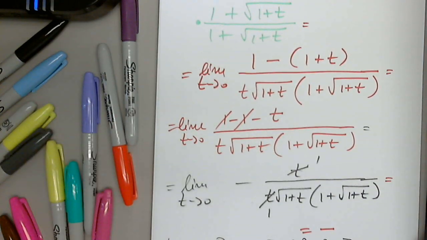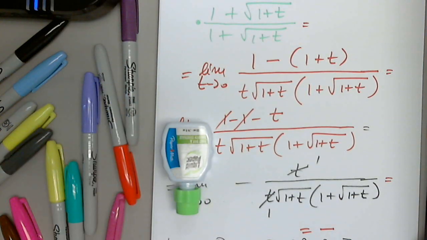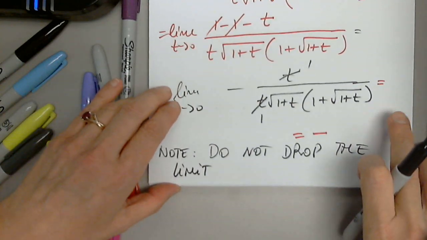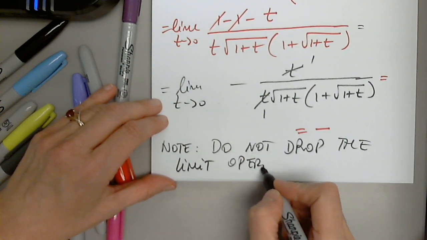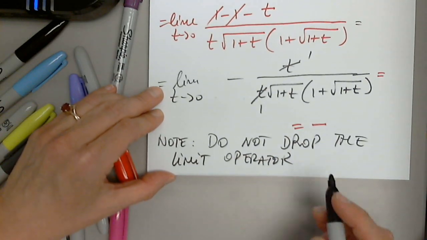So look, if I omit the limit operator here and here, it makes no sense. This limit is not this. No, it's the limit of this. And it's the limit of this. Okay, so please be careful. Do not drop the limit operator until you are ready to plug in the number.